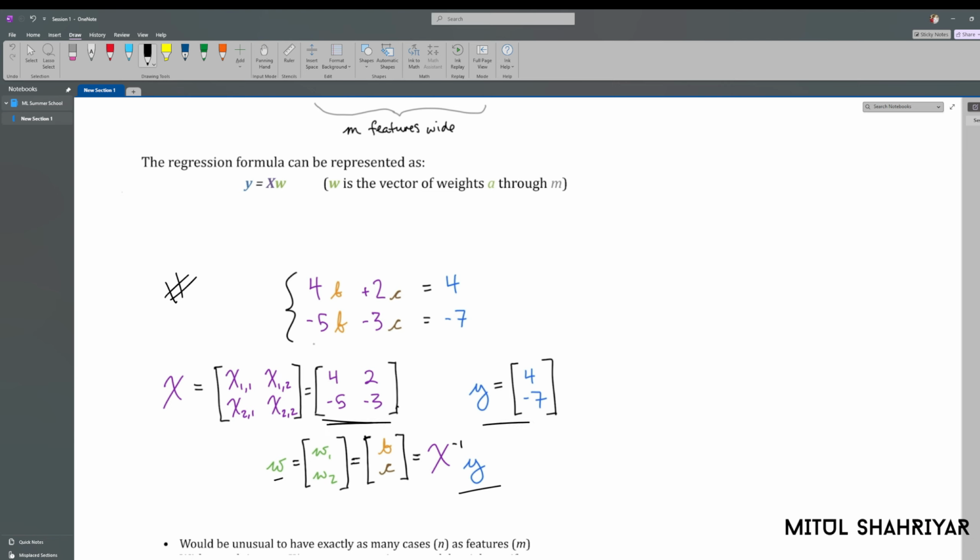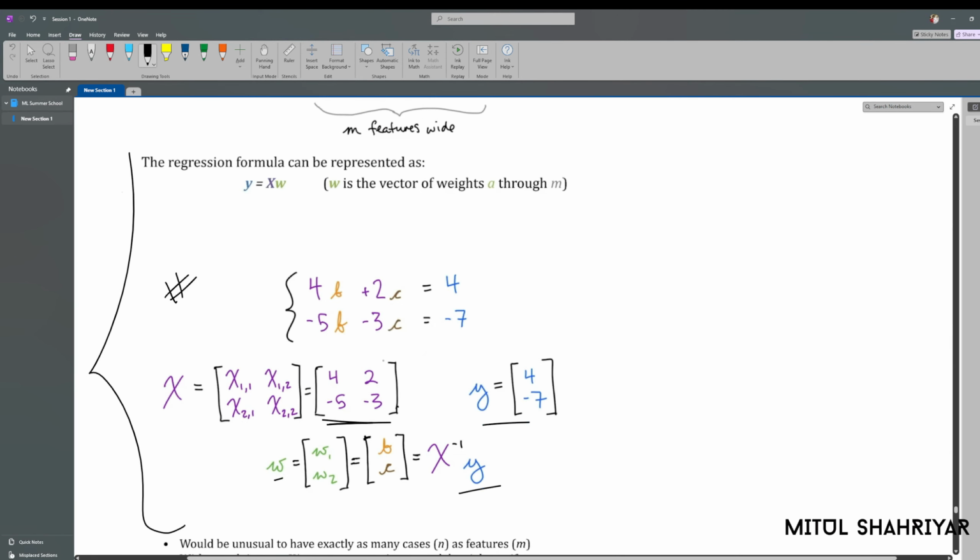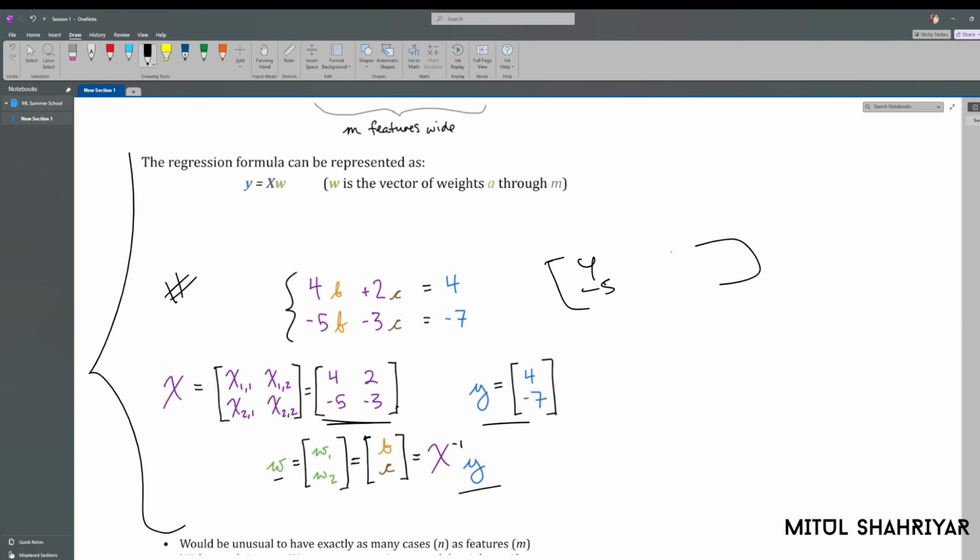That's it. Once we get that, this is just a small example, and you can easily see it's a square matrix, isn't it? We have 2 rows and 2 columns for x, and this is for y. As a whole, if we add the whole thing, we'll have 4 minus 5, 2 minus 3, 4 minus 7.